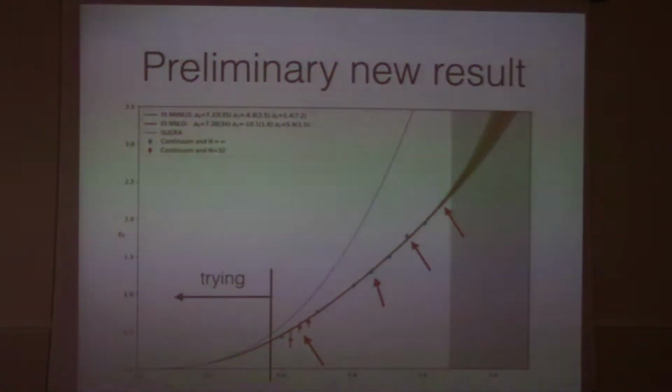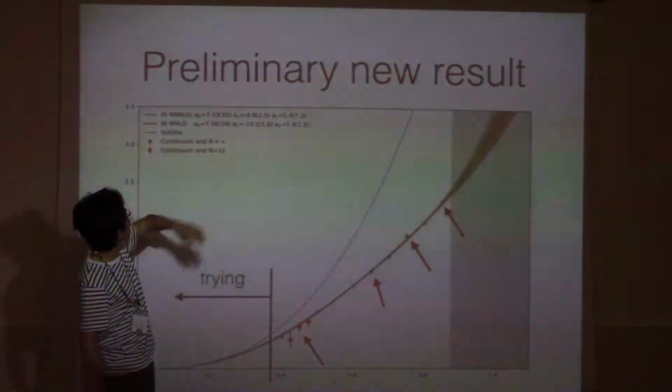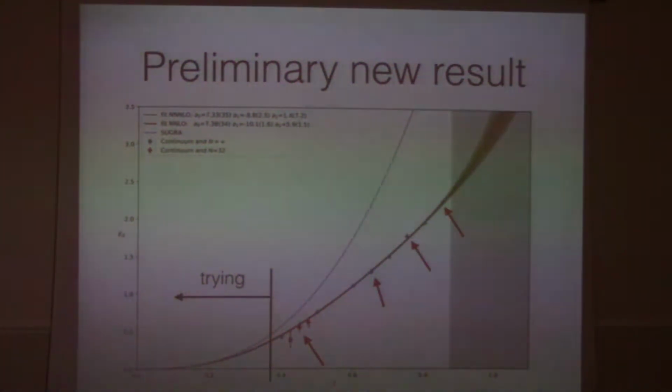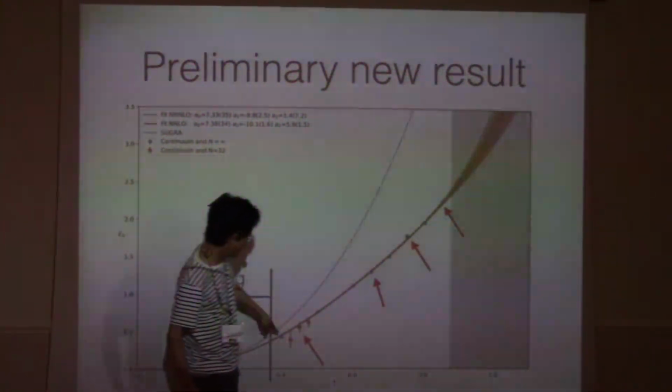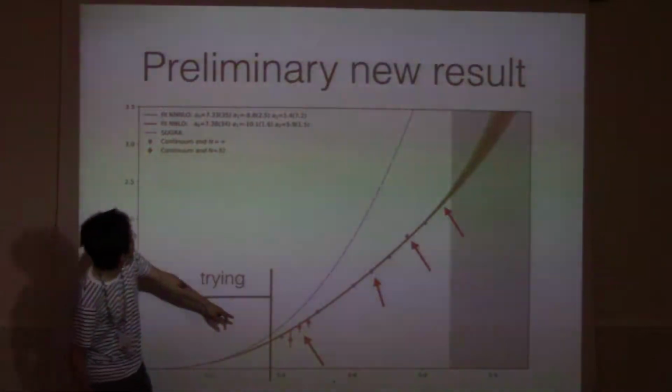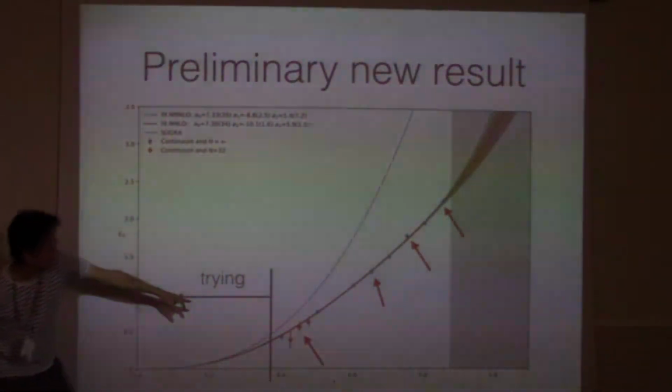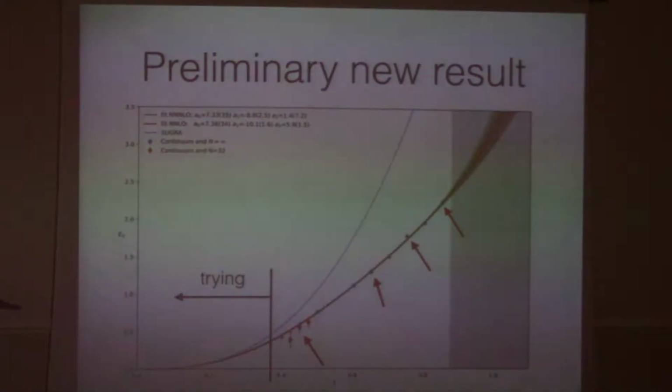Anyways, now we are increasing more simulation points. So this is a preliminary result. And we added these new points, and here we use a different color because we haven't taken the large N limit yet. By adding more points, we want to make the fit more convincing by reducing the number of ansatz.